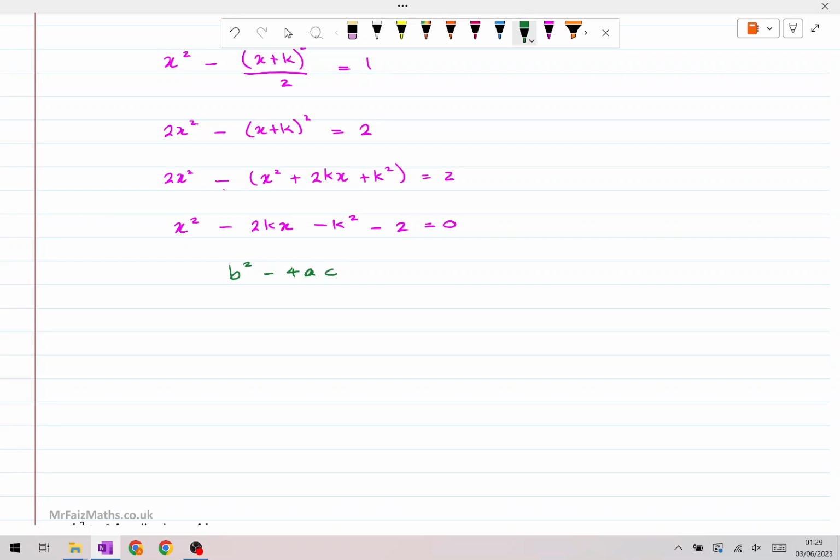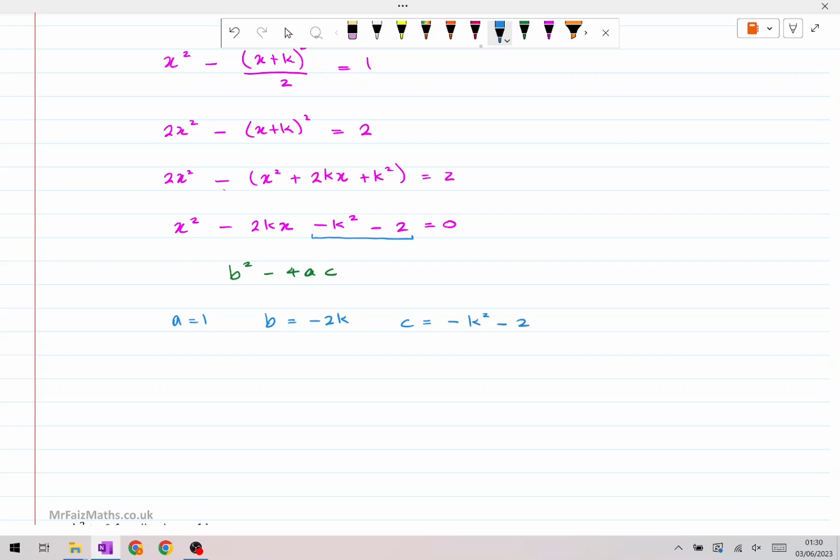Now, if we consider what each of these letters are on this quadratic we have a is equal to 1 because the coefficient of x squared, b is equal to minus 2k because that's the coefficient of x, and the c term is going to be all of this, so that's going to be minus k squared minus 2.